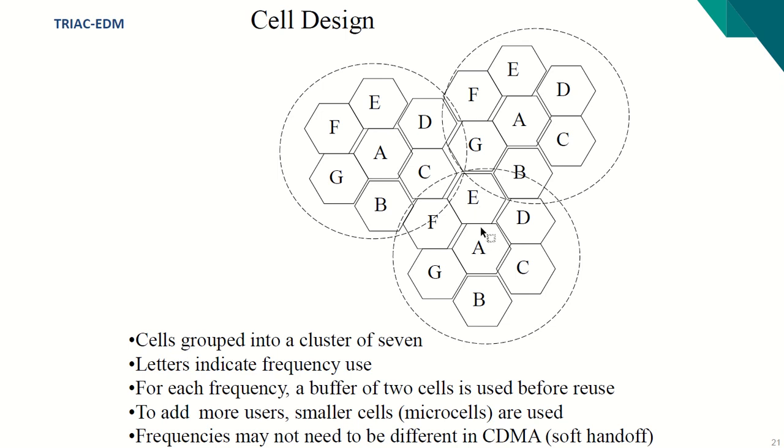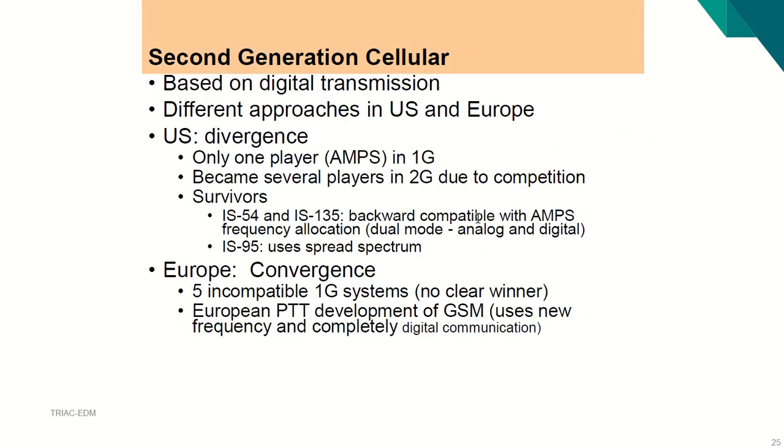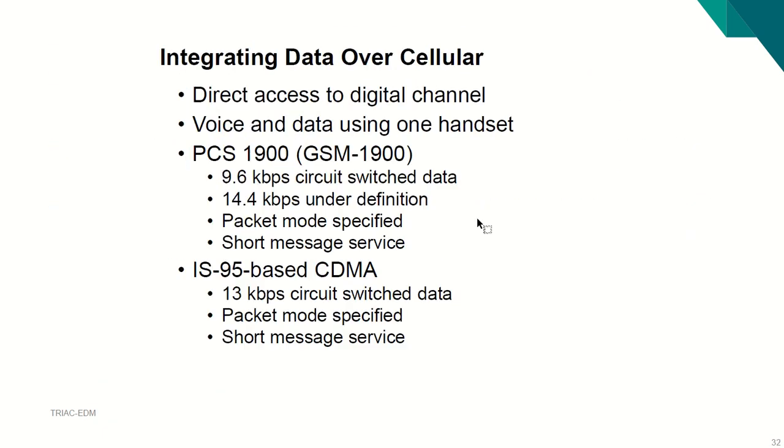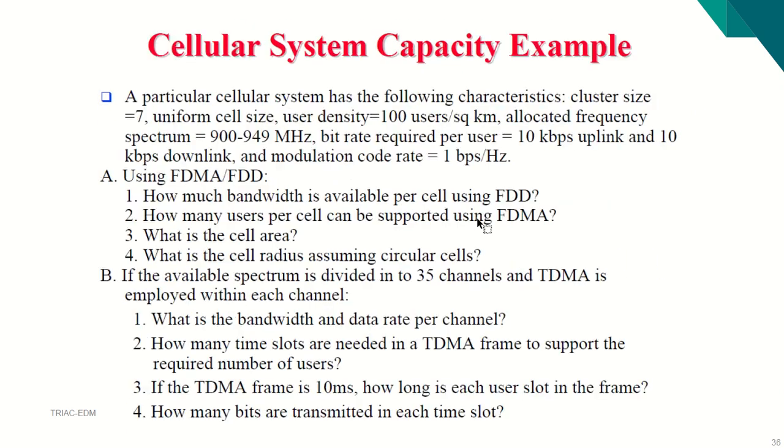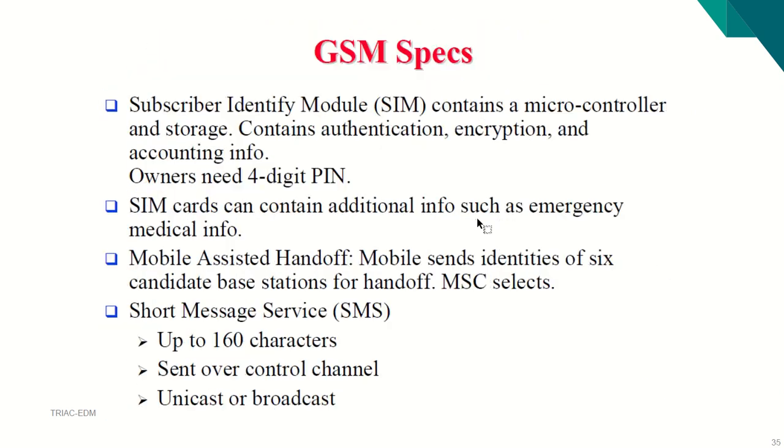So you will send signaling information to the MSC, and the MSC is going to check which one gets the highest strong signal from you and then select that one. So let's go back to the slide. In this mobile assisted handoff, the mobile sends identities of 6 candidate base stations for handoff.